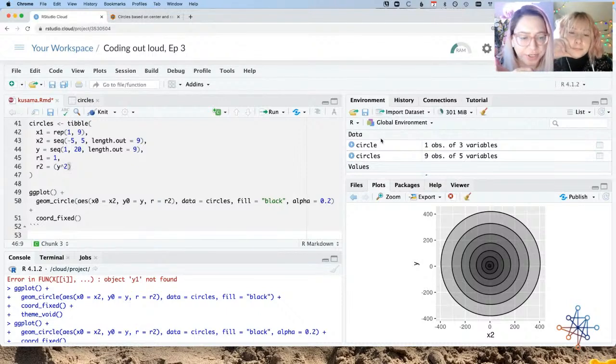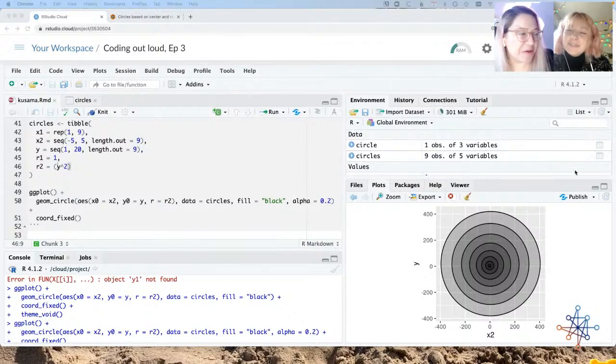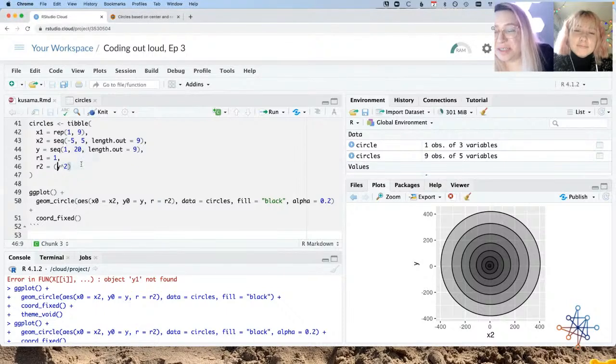So now using it as a function of y is clearly working, but we need it to be smarter about what sort of function of y we're using. Do we want to maybe divide these by something to make them smaller? What do you think? Yeah, we could do that.